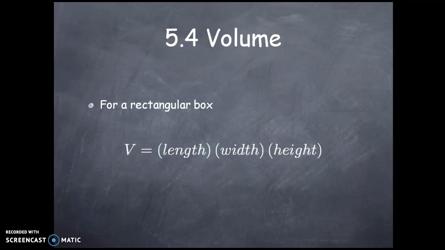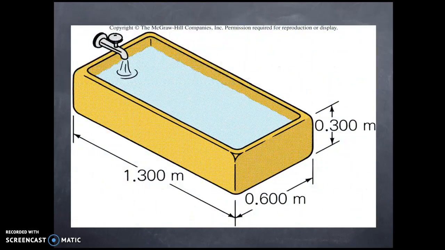For a rectangular box, the volume of the box is given by length times width times height. So if you have a bathtub which has a length of 1.3, a width of 0.6 and a height of 0.3, we can find the mass of the water filled in this tub, because we know the density of the water and we can find the volume of this tub.